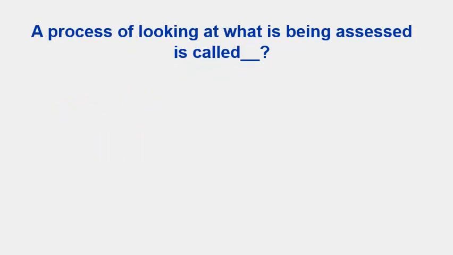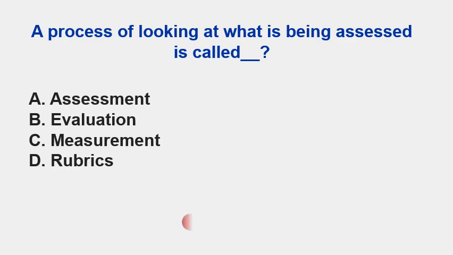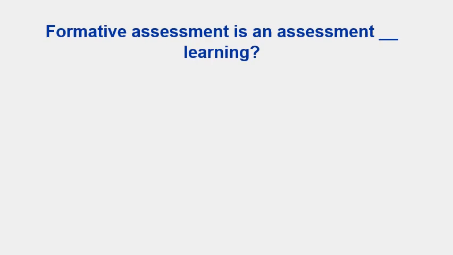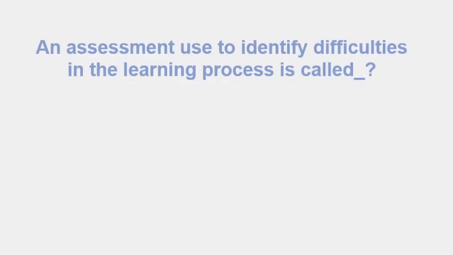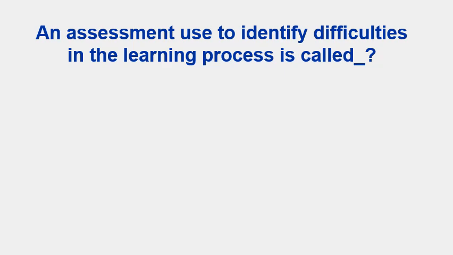A process of looking at what is being assessed is called. Formative assessment is an assessment dash learning. An assessment used to identify difficulties in the learning process is called.